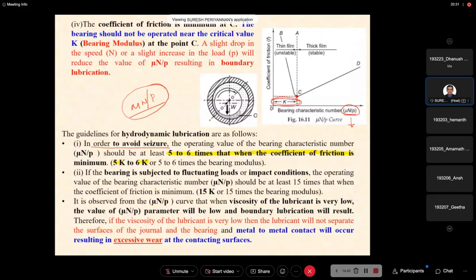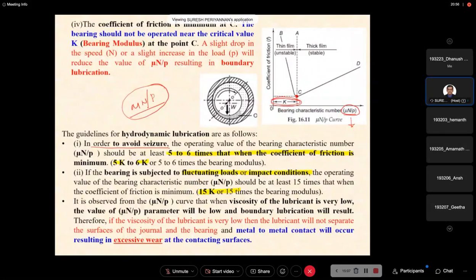Okay. Now, if the bearing is subjected to fluctuating load and/or impact condition, then we should follow a bearing characteristic number of 15K, that is, 15 times the bearing modulus, whenever we are using it for fluctuating and impact load conditions.